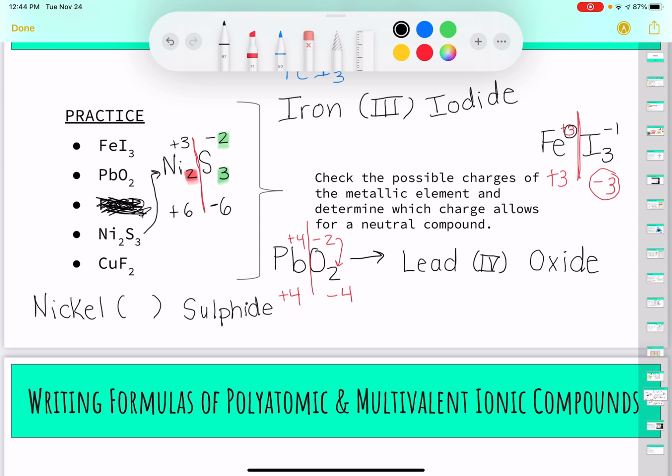And the answer is 3. It's a +3. So 2 times 3 gives us this 6. So the charge on nickel would be +3.